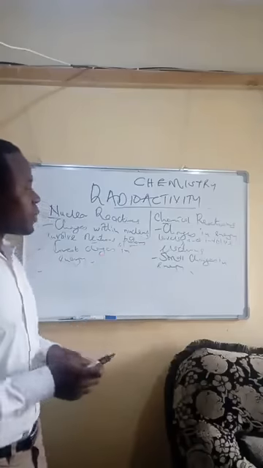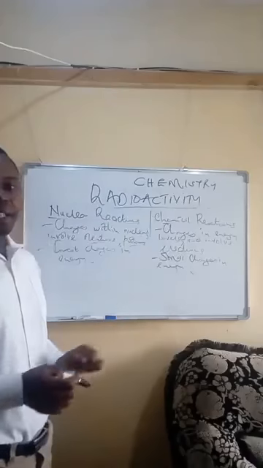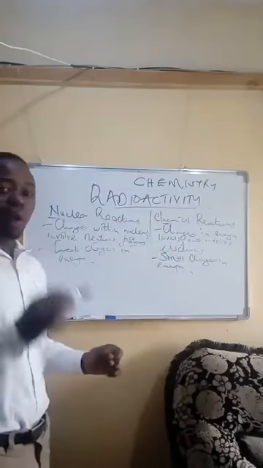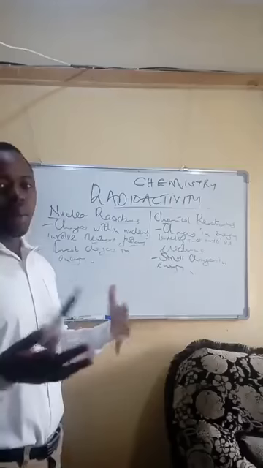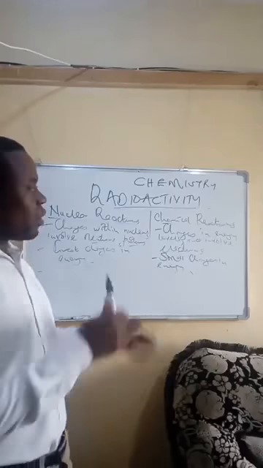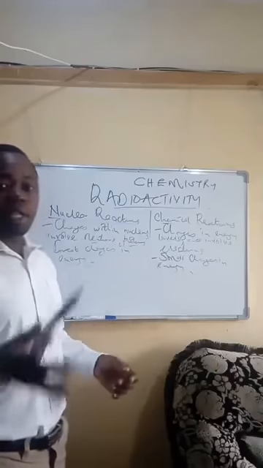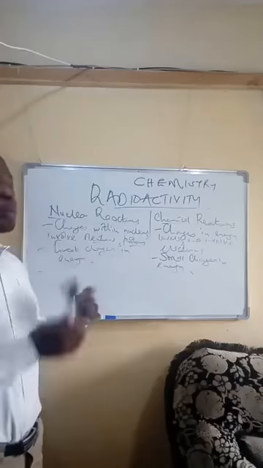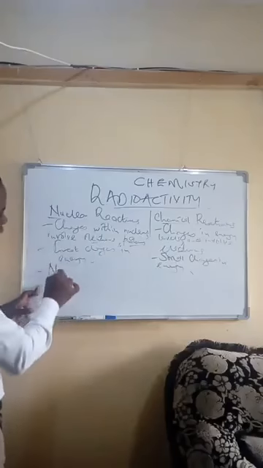So in a chemical reaction, the reaction could take place faster or at a lower rate depending on what you change: the pressure, the temperature, the concentration, etc. In the case of nuclear reactions, those changes do not affect the reaction.